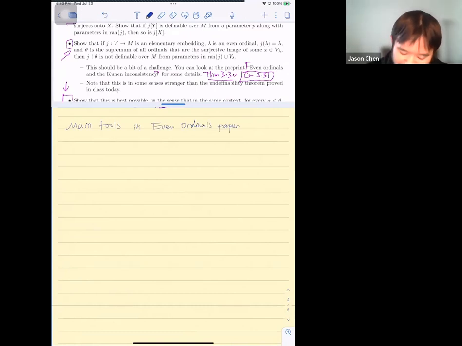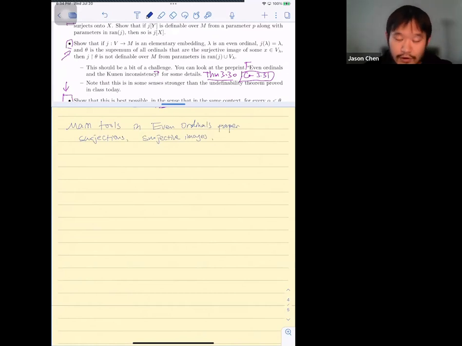And of course, there are many main tools, ultrafilters and whatnot, but in terms of these problems, the tools are surjections and surjective images.